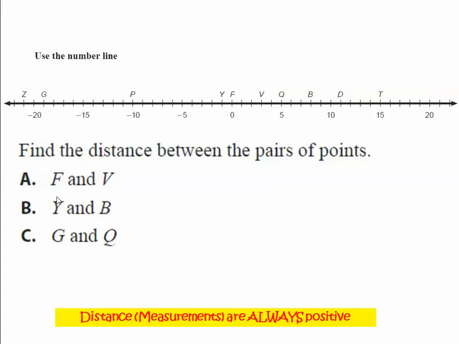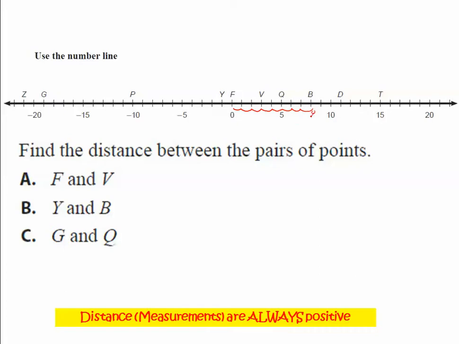So in part A, they want us to find the distance from F to B. Now, I'm going to do this one way, and then I'm going to do it the second way. I can count units. I know that F is 0, so I can go 1, 2, 3, 4, 5, 6, 7, 8.